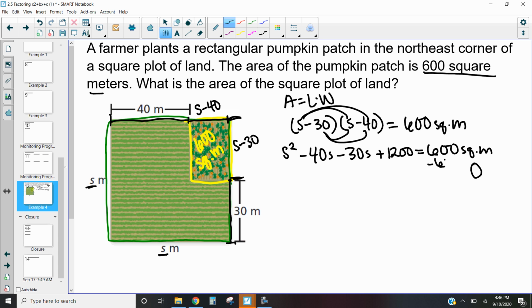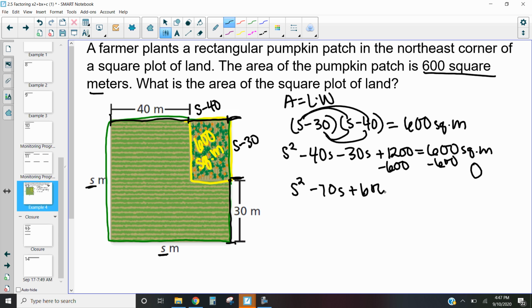So I'm going to subtract 600 on both sides because whatever I do to one side, I have to do to the other. And I'm going to end up getting S squared minus 70S plus 600, because that's what 1200 minus 600 is.